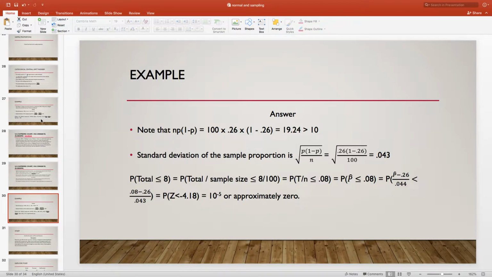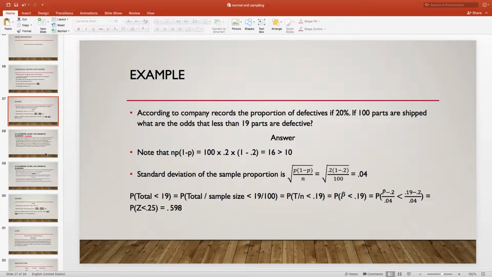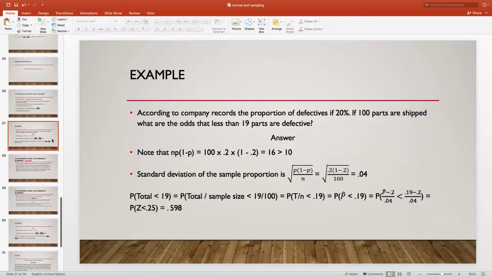I want to know what are the odds that the total is less than 19. So I divide by the sample size. It's going to be 19 divided by 100. That's going to be the probability that the total is less than 0.19.